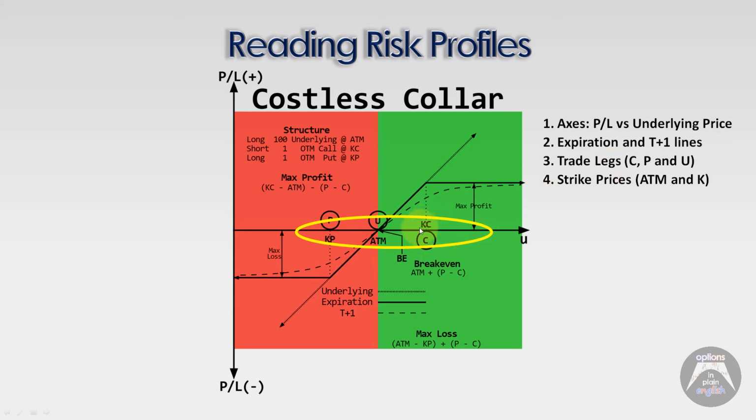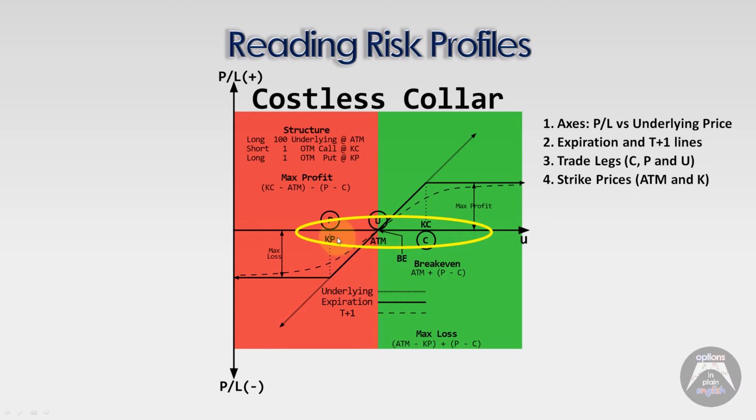The K, the different strike prices, their relative positioning is important. So, for example, in this case, even though I don't know what the distance is between ATM and KC, or ATM and KP, or KC and KP, I know that their relative positions are important.